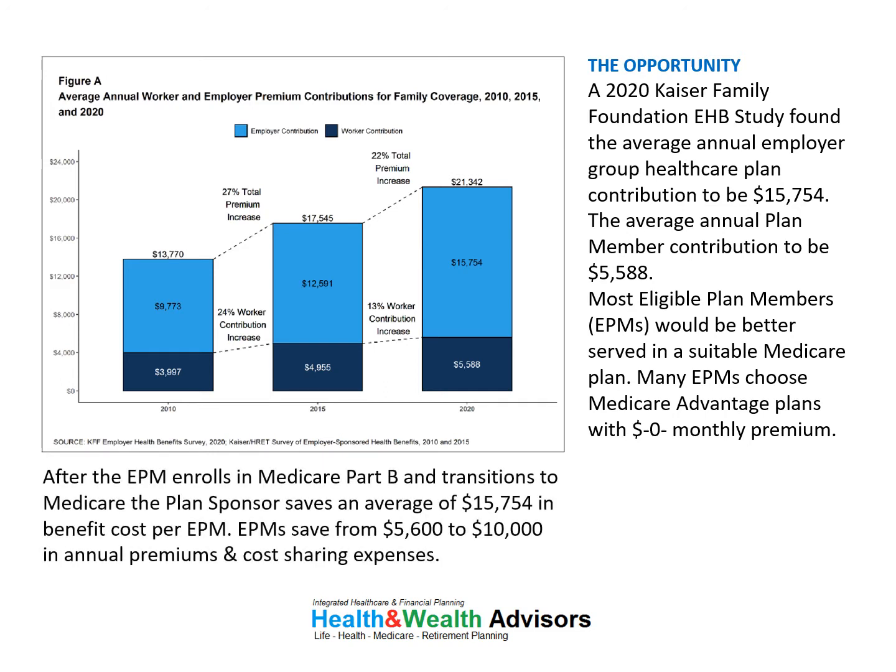After the eligible plan member enrolls in Medicare Part B and transitions to Medicare, the plan sponsor saves an average annual benefit cost of nearly $16,000 per eligible plan member, and eligible plan members save between $5,600 to over $10,000 in annual premiums and cost-sharing expenses. Everybody wins.